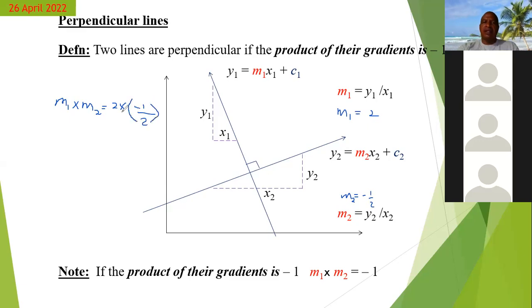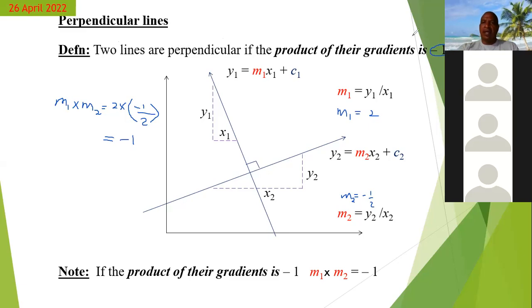If we multiply these together, what would we get? -1, sir. -1, right? And so that's why this definition gives you, it's really a property. It says that two lines are perpendicular if the product of their gradients equals -1, right? So that's something that you have to bear in mind.